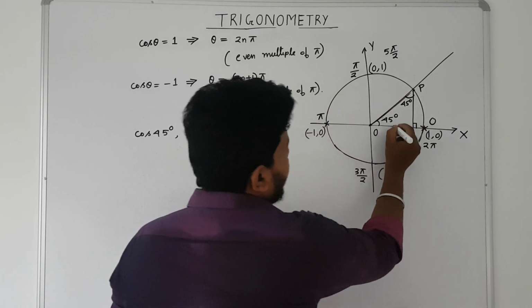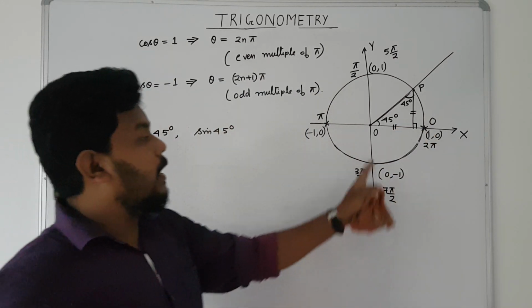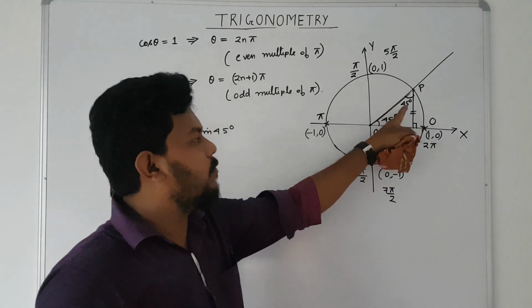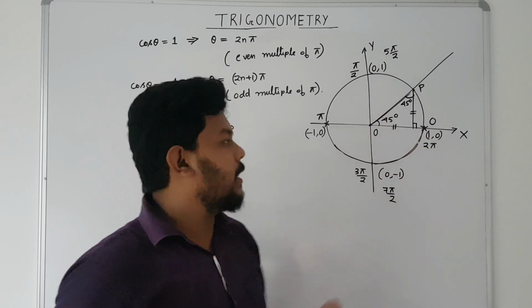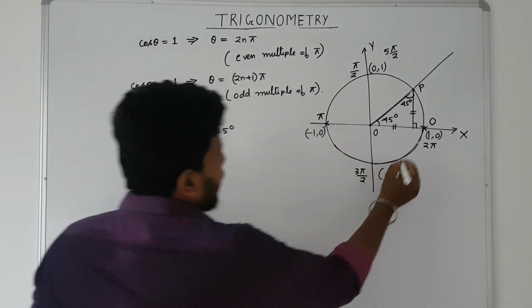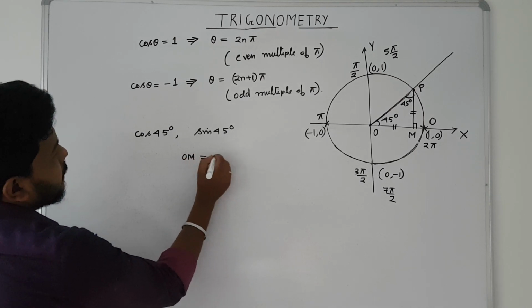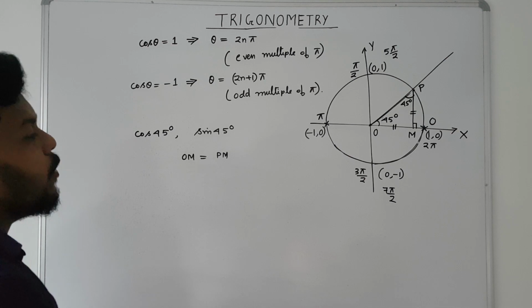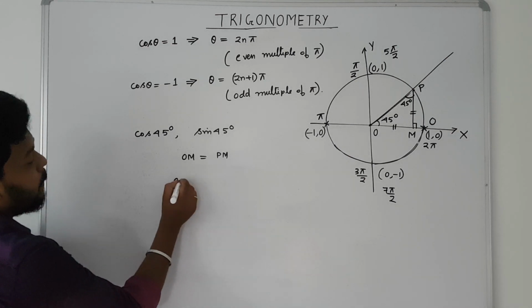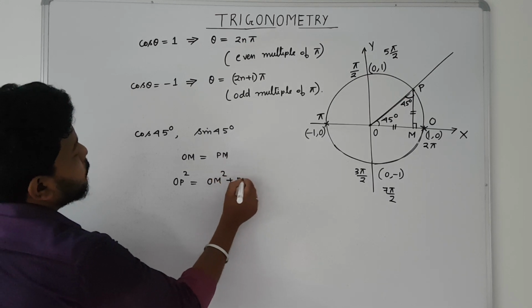Now as the angles of 45 degree are equal, the triangle will be an isosceles triangle. So if I name it as M, your OM will be equal to PM. Now if I use Pythagoras theorem, I can write OP square is equal to OM square plus PM square.